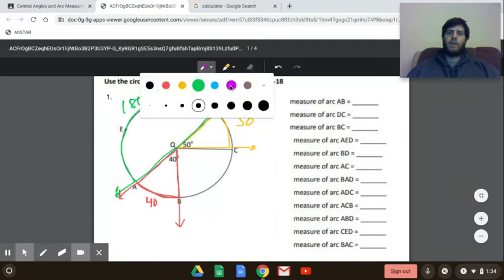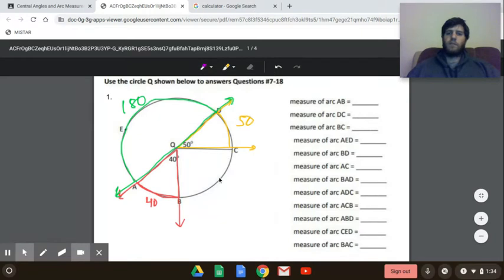Okay. And we also notice here that ACD is 180 degrees. This arc is a semicircle, so it's 180 degrees. So we know that these three angles here are going to add up to 180.